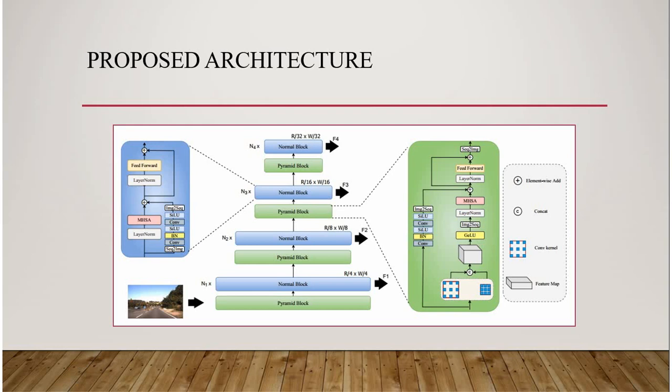The number of normal cells determines model parameters and size. Using this method, the pyramid architecture can extract a feature pyramid from different stages F1, F2, F3, and F4, which is used by the decoder head designed for detection tasks.